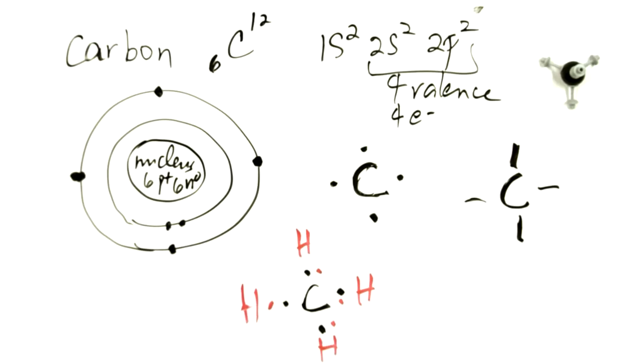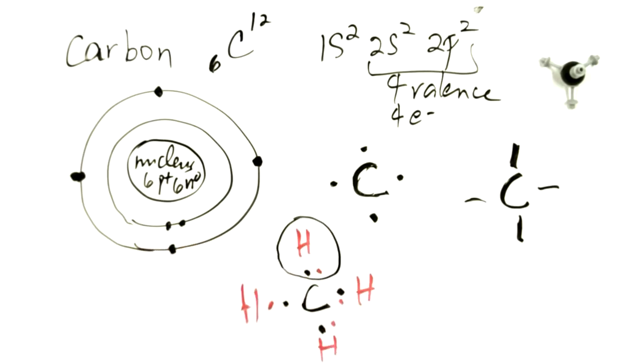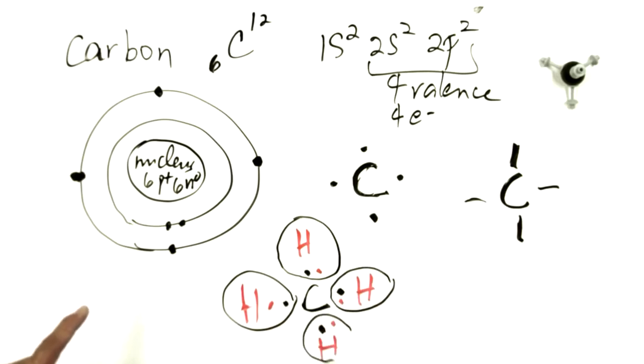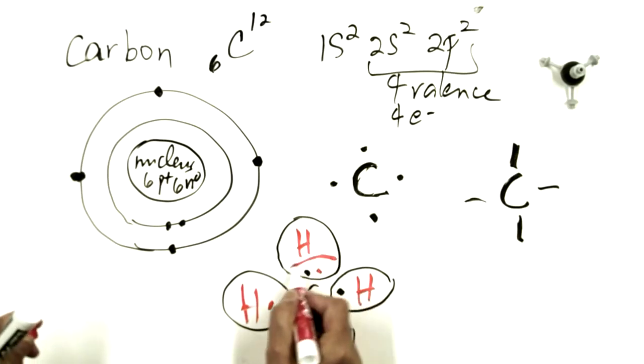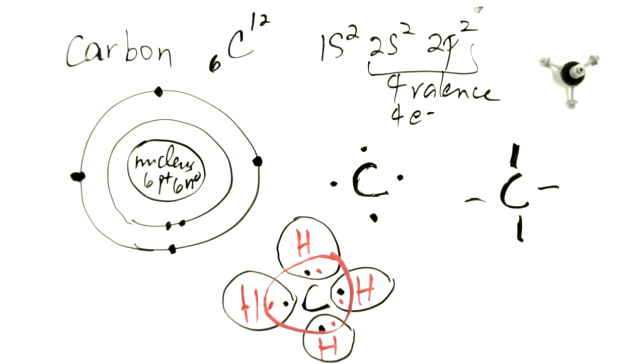So what is this showing you? It's showing you that this hydrogen atom is now stable because it has 2 electrons in its outermost shell, and that is true for each of the hydrogen atoms. And now look at carbon. Carbon will now be stable also because now it has 8 electrons in its outermost shell.